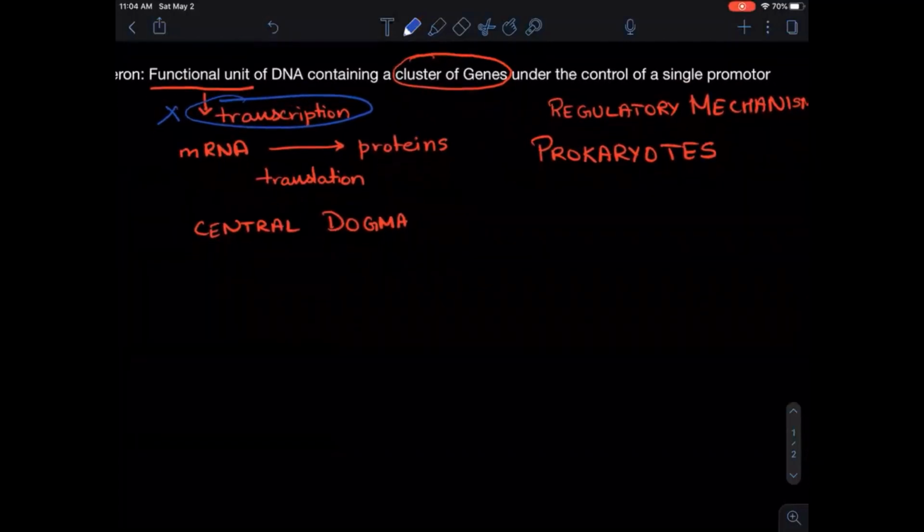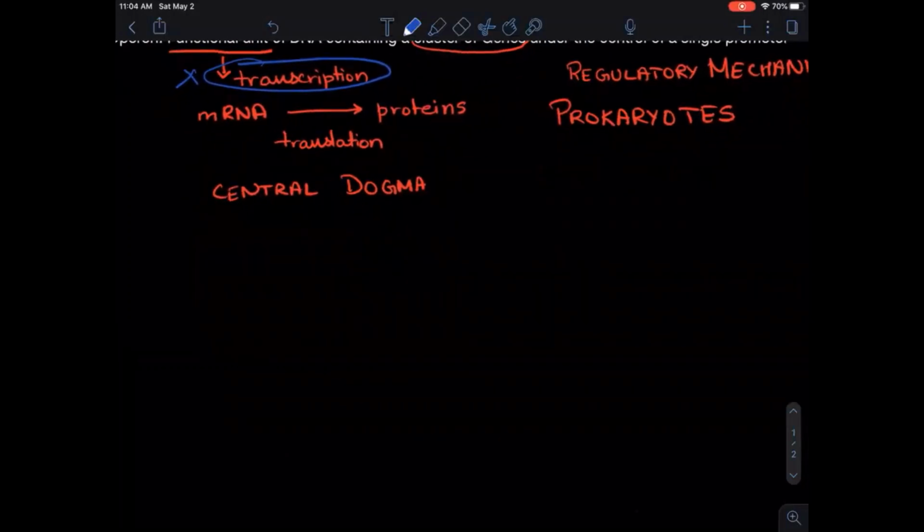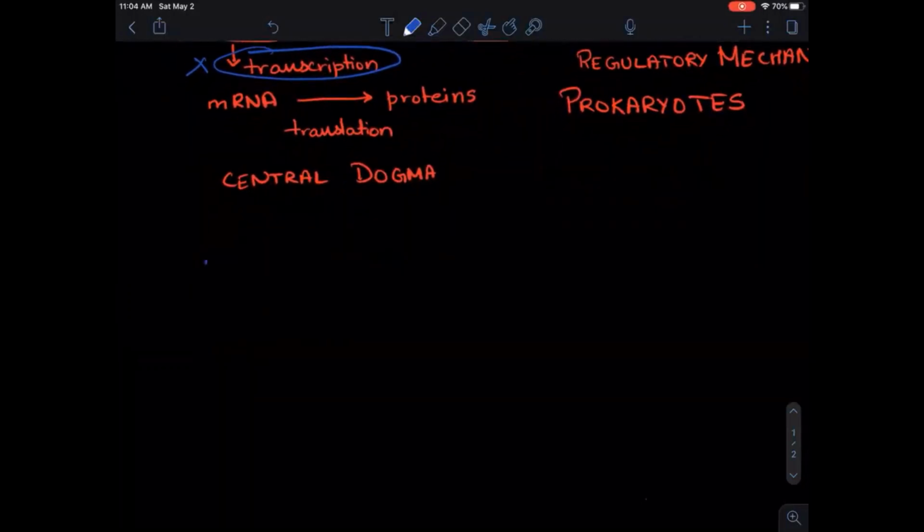Now, there are two ways in which an operon can work. There is positive control and there is negative control.